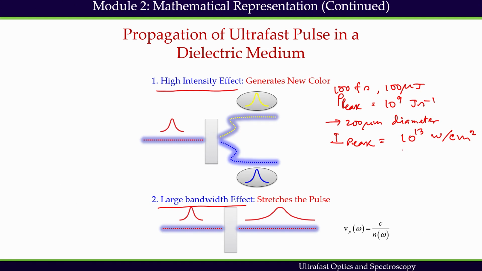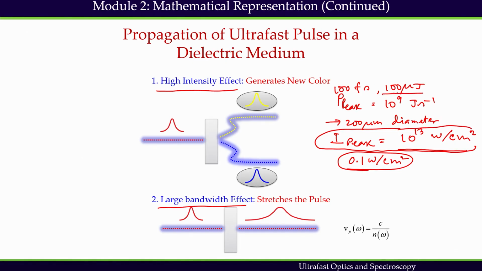If we consider sunlight peak intensity on the brightest day, it is going to be, let's say, less than 0.1 watt per centimeter square. So we can compare sunlight peak intensity and the peak intensity one can achieve from an ultrafast pulse with a moderate energy.